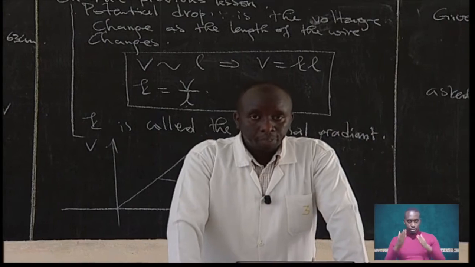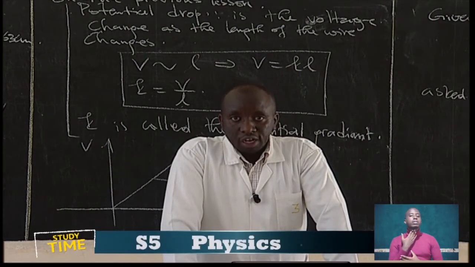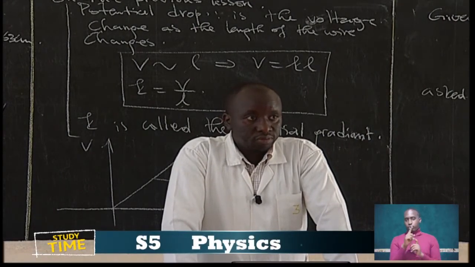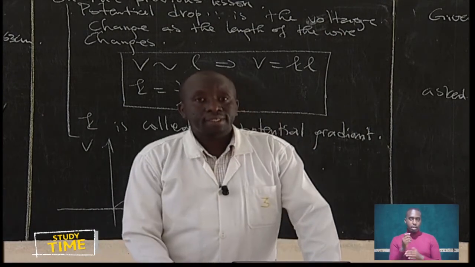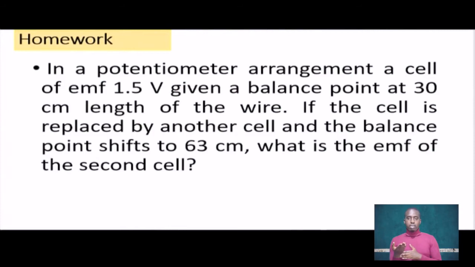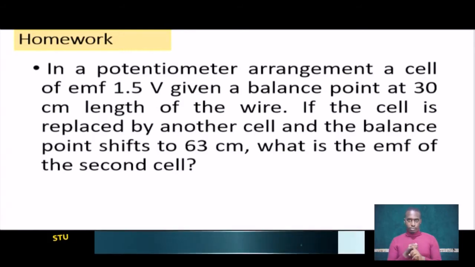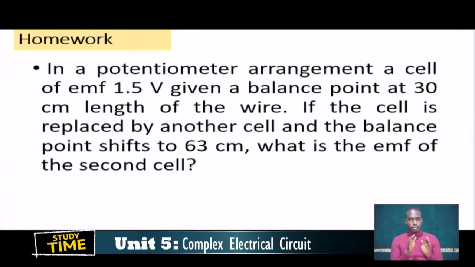Students, I want you to work on this question as homework, right? Copy it and solve, and I want you to add on more other questions from the different books, right?